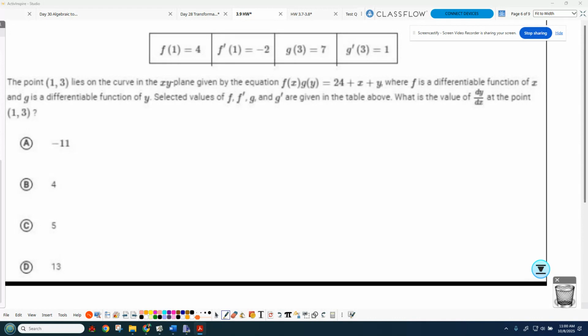And it's multiple choice. I would not solve for dy dx and then plug in. You guys are much better with numbers, so make numbers happen.